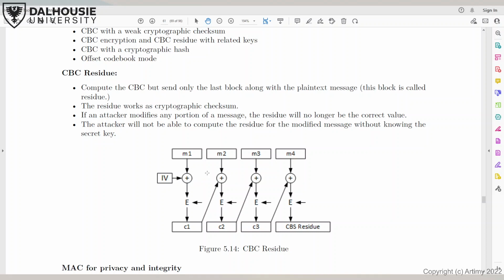So this is the same as the CBC technique, except that we will throw all these C's, these ciphers, out. We don't need them. We will keep the last one. This will be our, we'll call it the CBC residue, right?